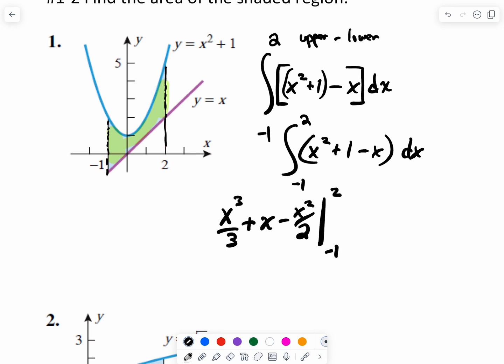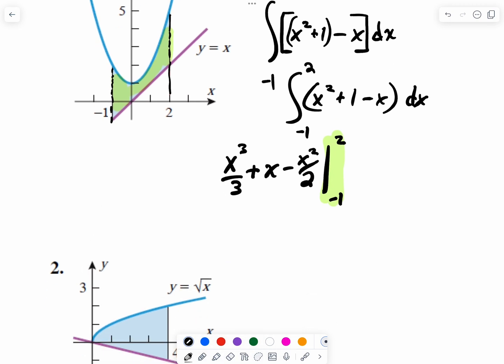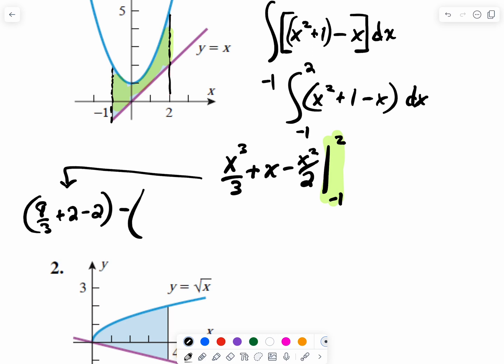It's been a while since we used that integration symbol. Now to evaluate, this is going to be a little fractiony here. I'll start us out and then have you finish the math. That's going to be 8/3 plus 2 minus, let's see, 2 squared over 2 is 2, minus -1 cubed is -1/3 minus 1 minus 1/2.